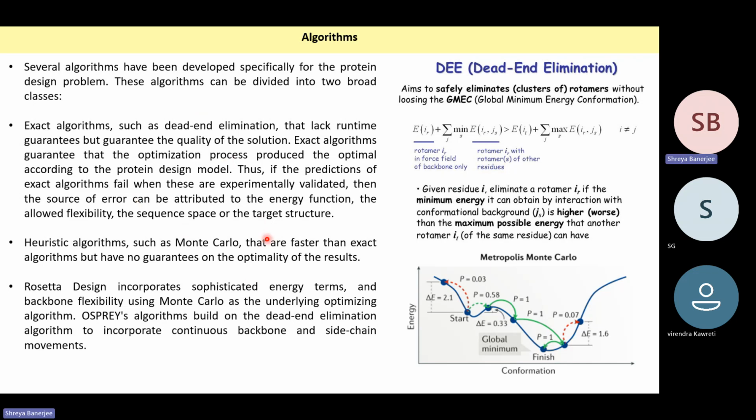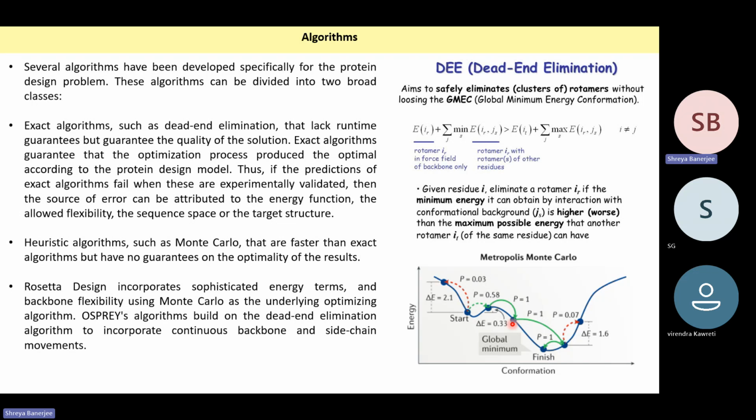There are other algorithms which are faster than this, like the Monte Carlo algorithm, where in the energy landscape, you start from any region and you can either go forward or backward depending on the probability. Say I start from here, and the probability of going from here to here is 1, so definitely it will go here.